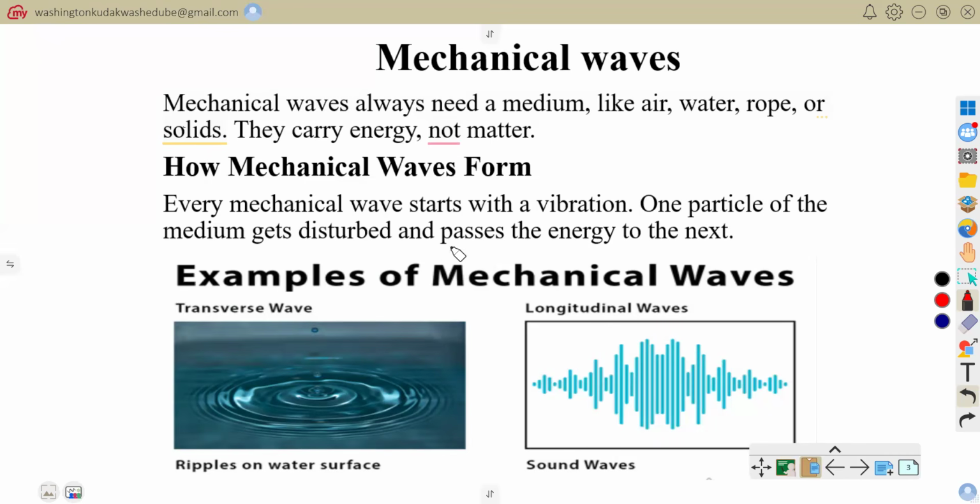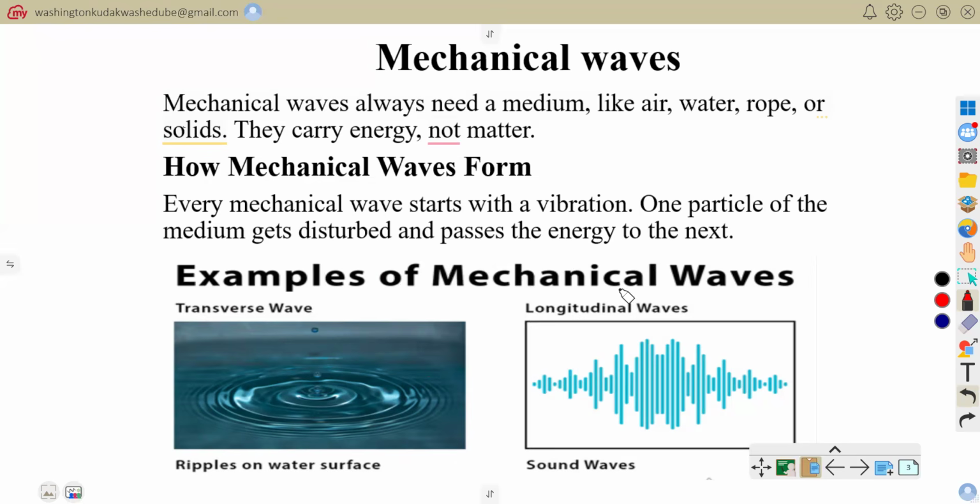It's more like we are relaying energy from one particle to another. So we have a single disturbance of a particle that moves up and down, and it relays that same motion to another particle which moves up and down or back and forth.